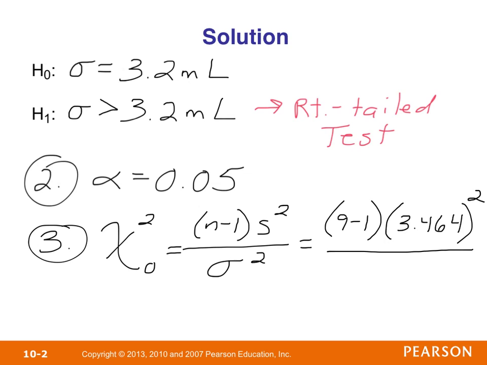And by the way, you could have calculated the sample variance, which is 12, which is 3.464 squared. And that's over sigma squared, which sigma was supposed to be 3.2, remember. So sigma squared. And if we punch that into our calculators, we come up with a chi-squared test statistic of 9.374.